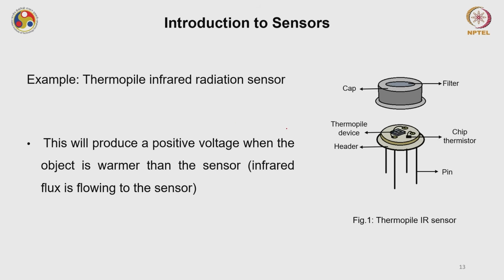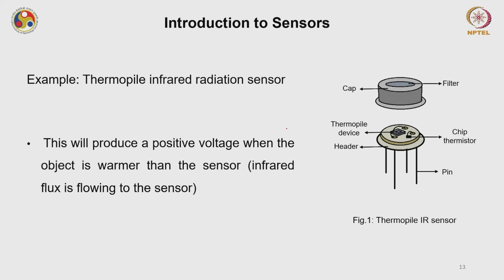One such example is a thermopile infrared radiation sensor. If you don't know about the thermopile sensor, don't worry much. A thermopile is nothing but a series connection of thermocouples. We'll discuss thermopiles when we discuss temperature sensors in week 6 of our microsensors and nanosensors course.